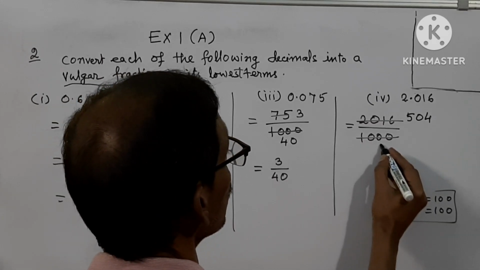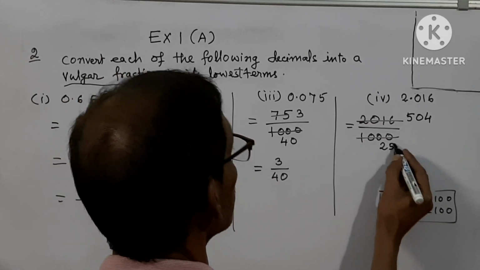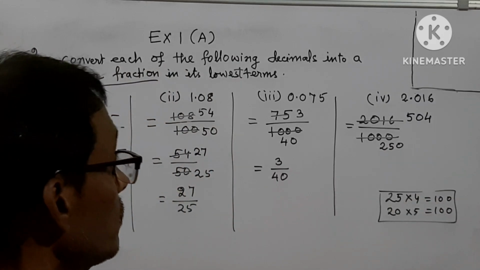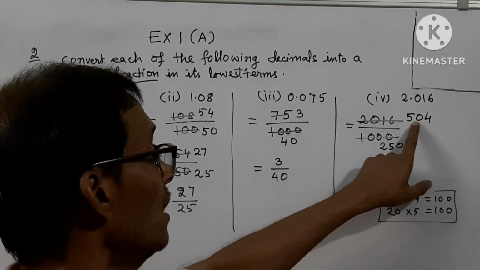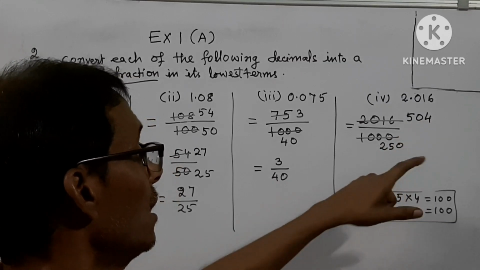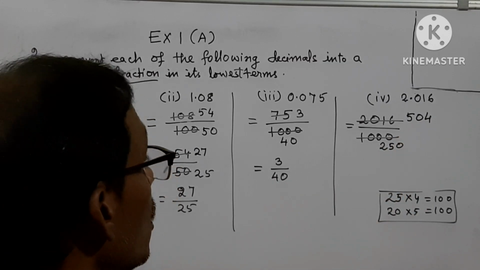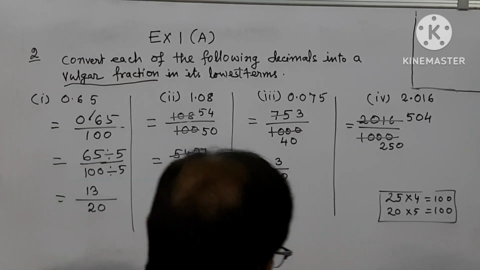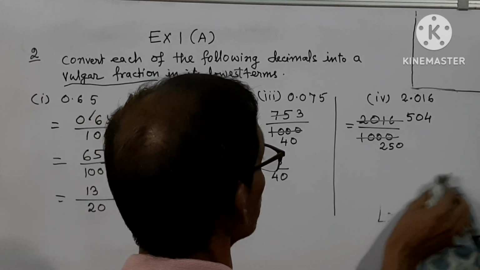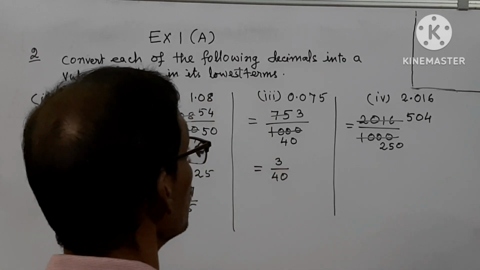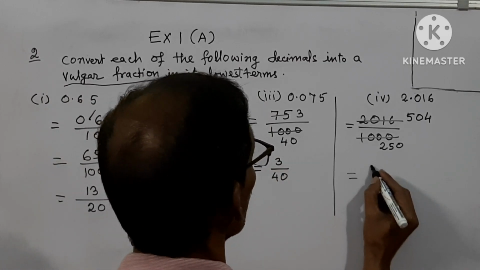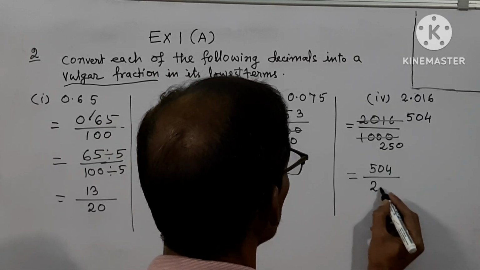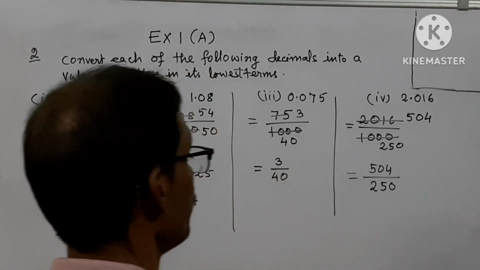4 25s are 100 and 10. Again I can see that 4 and 0 are there, so both are even numbers. So 504 and in the denominator 250.